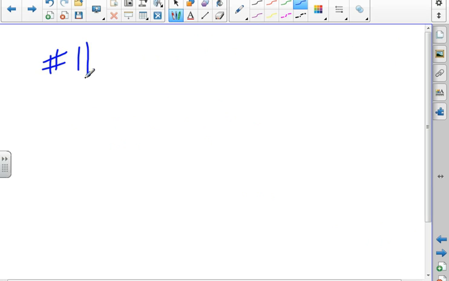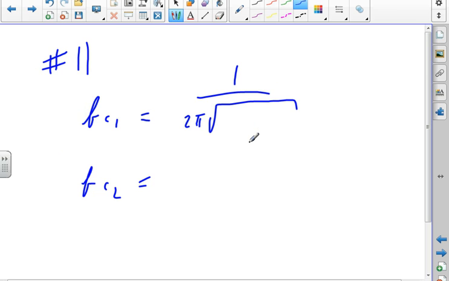Now it looks like I have some type of bandpass filter. I want to find cutoff frequency 1 and cutoff frequency 2. Square root of 30K, 15 pico, and what's the 30 pico? 30 pico.